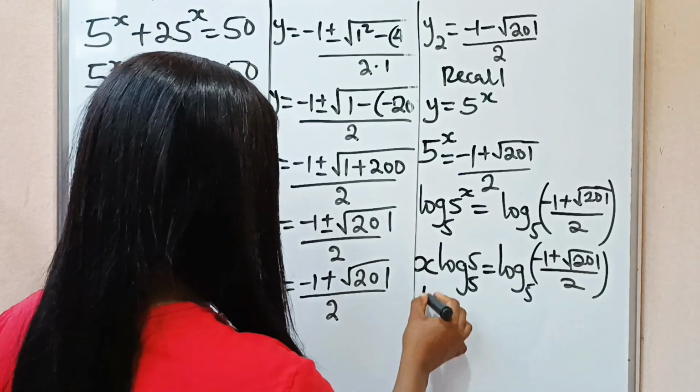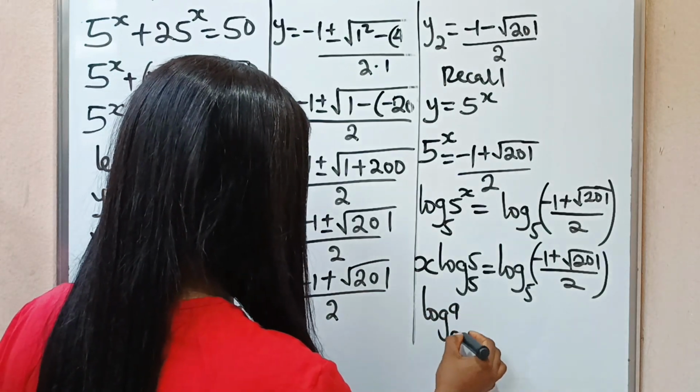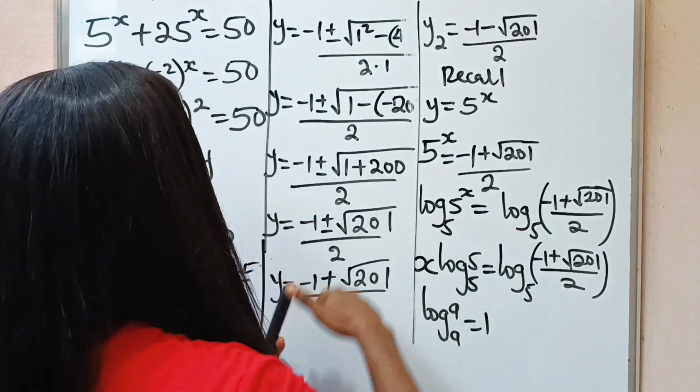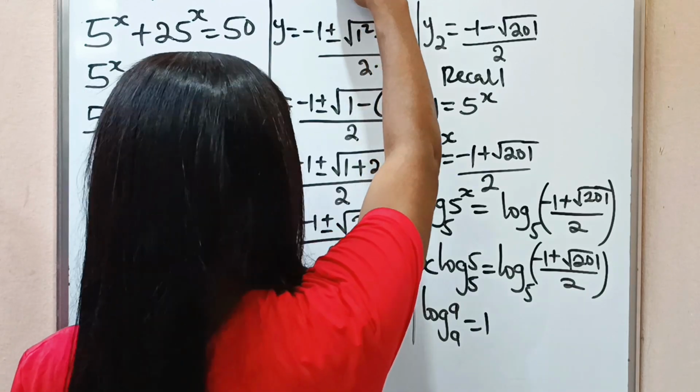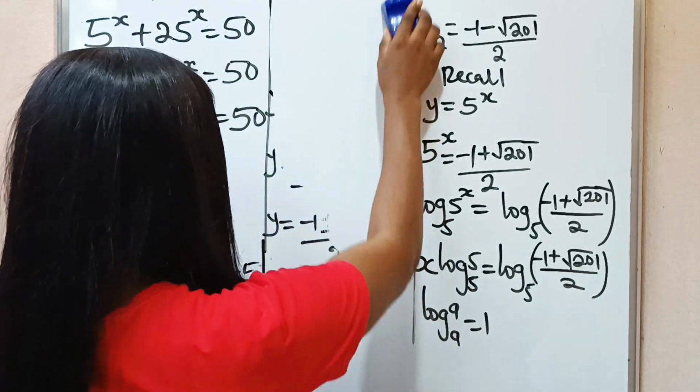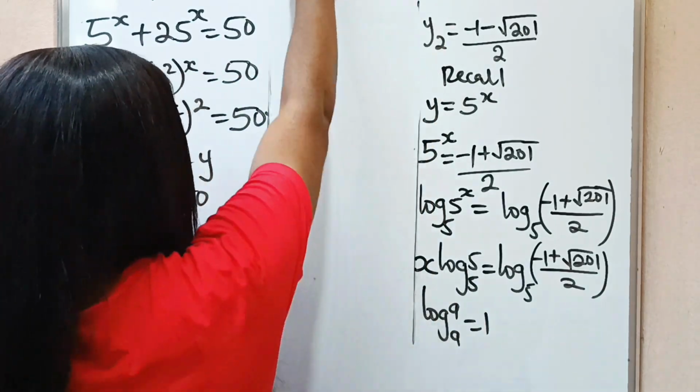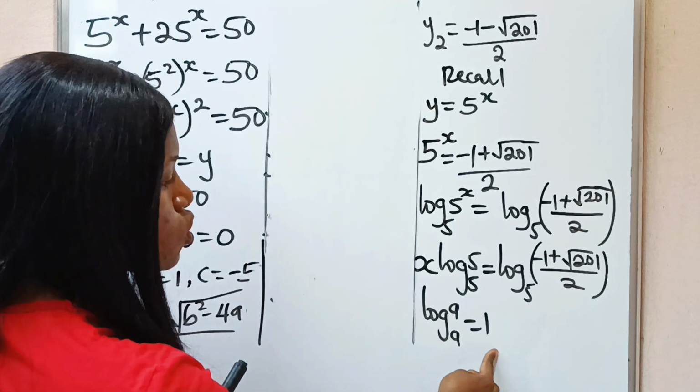Alright, now when you have log a base a, this is equal to 1. Permit me to continue from here, okay? So recall that log a base a is equal to 1.